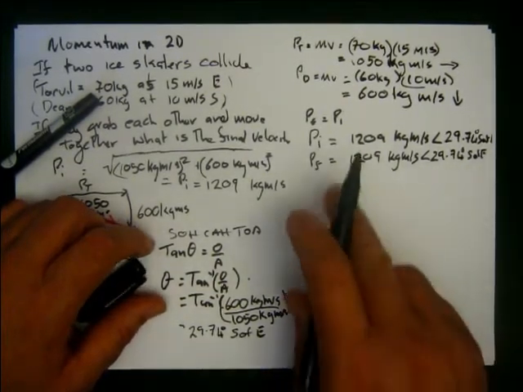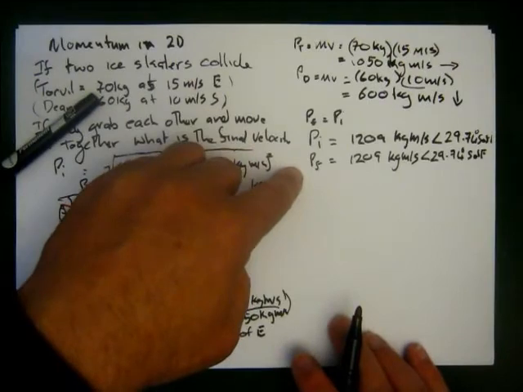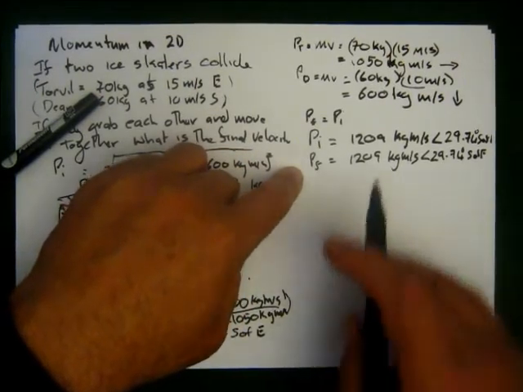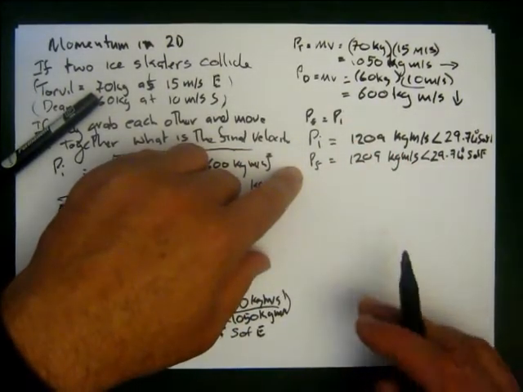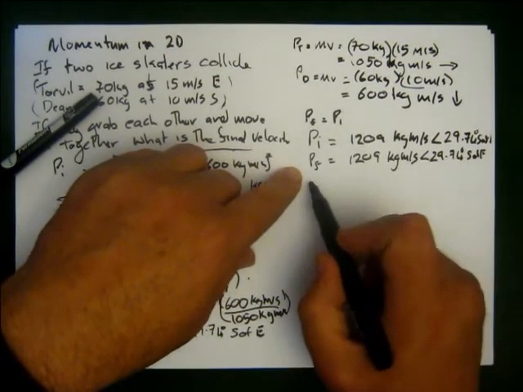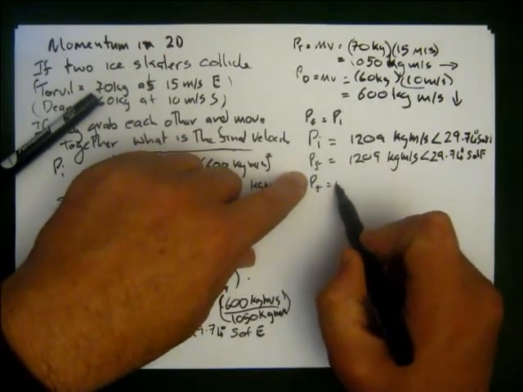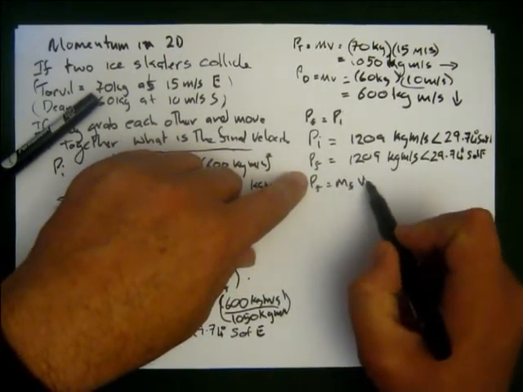Okay, so now using the final momentum, we can work out the final velocity. So P final equals mass final times velocity final.